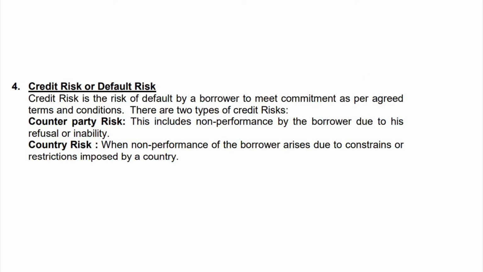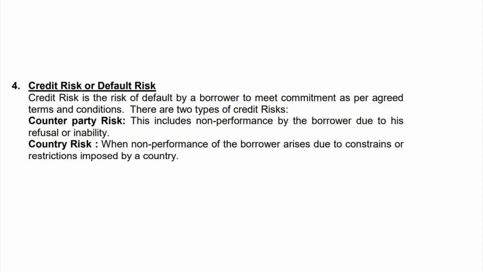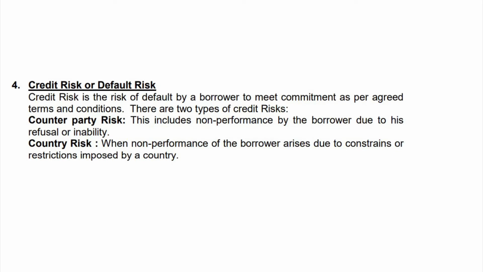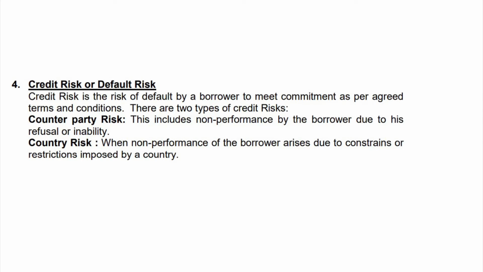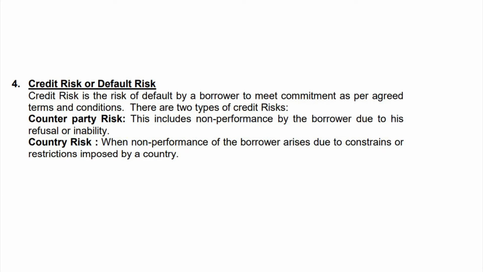Moving to next one, credit risk or default risk. Credit risk is the risk of default by a borrower to meet commitments as per agreed terms and conditions. If the borrower is unable to meet his or her obligation, that means he has to pay the EMI, and if he is not paying in time, then it will lead to credit risk.